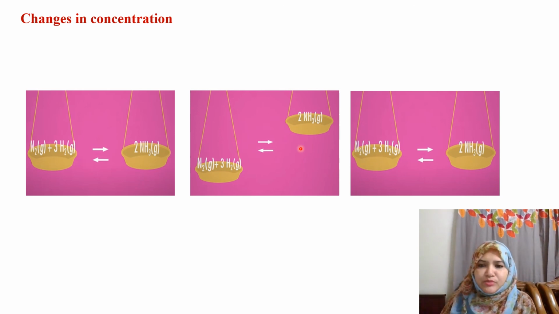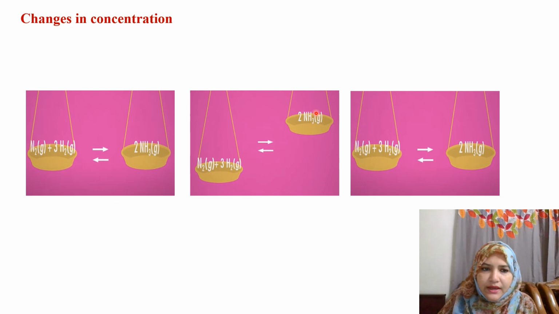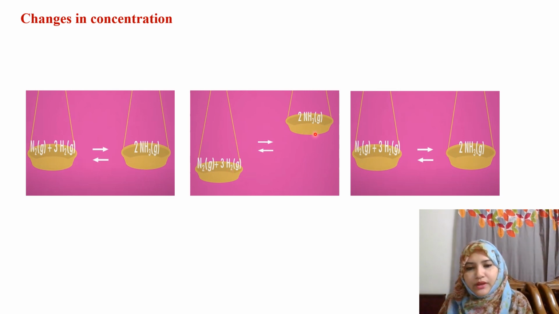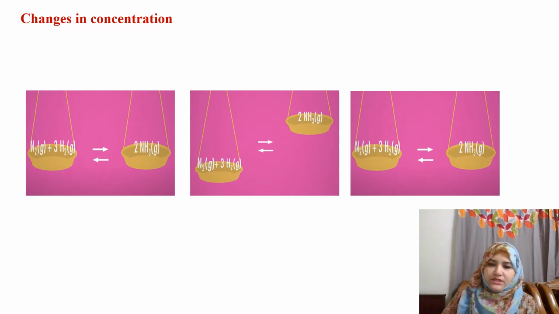There will be less ammonia available to break down, and that is why the rate of forward reaction will be increased. That means nitrogen and hydrogen react with each other and produce more ammonia to reach the chemical equilibrium for this reaction, and thus the balance is restored.